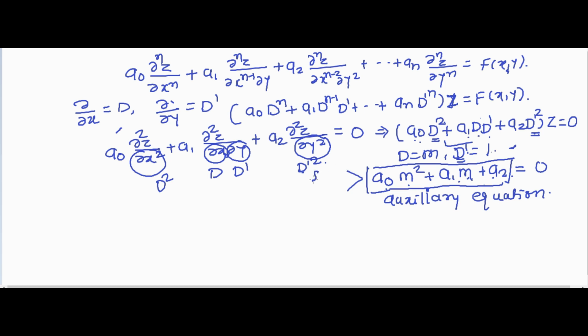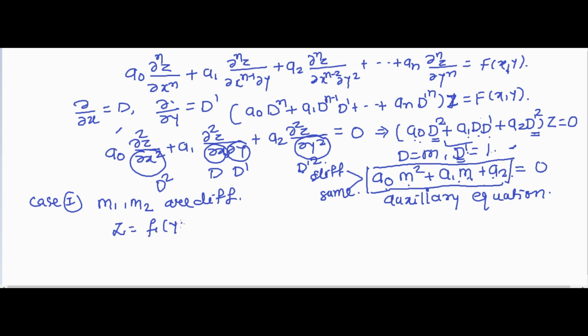So two cases arise when this auxiliary equation has two roots. Case first: if m1 and m2 are different, then the solution of this differential equation is z equal to f1 of (y plus m1 x) plus f2 of (y plus m2 x). We only have to find the roots of this equation and put them into this relation.